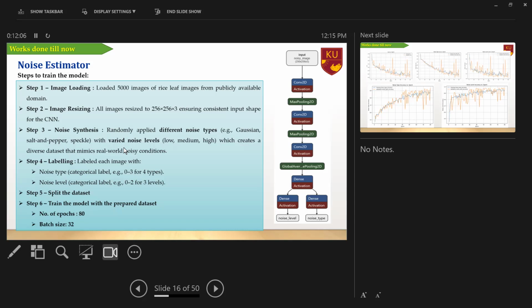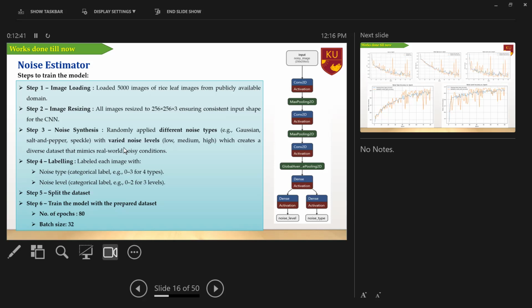We synthesized the four types of noise I mentioned onto the standardized data set: salt and pepper, Gaussian, random, and speckle, with varied noise levels, low, medium, and high. Then we labeled each image with its noise type and noise level. We split the data set for training and testing, 80 by 20. Then we trained the model with 80 epochs and batch size 32.